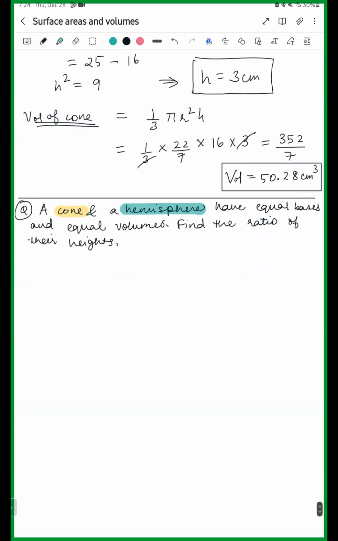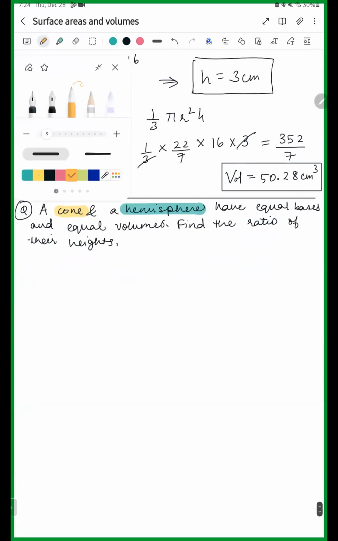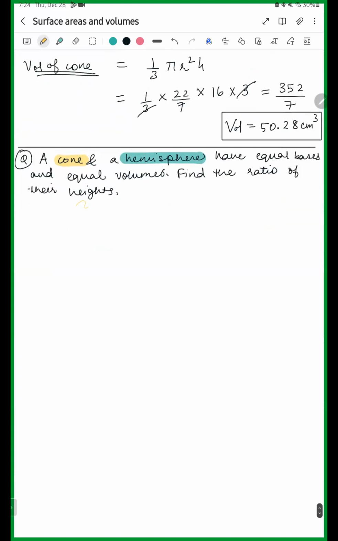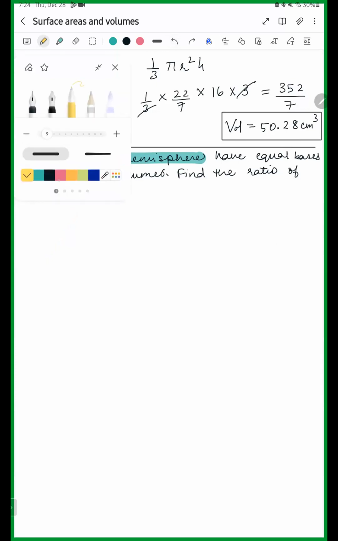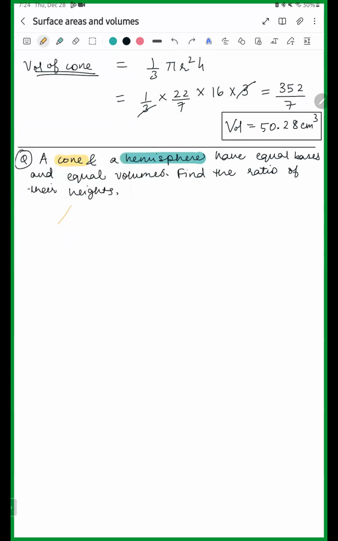So they are saying a cone. Let's draw a cone. A cone and a hemisphere have equal bases, meaning that the radii are the same.